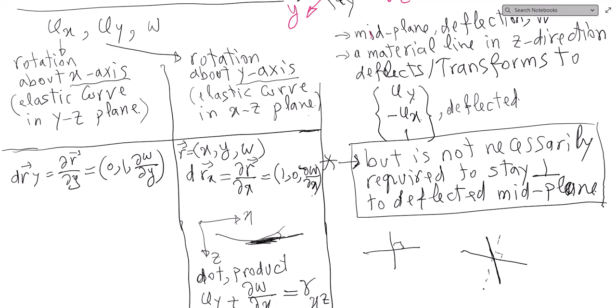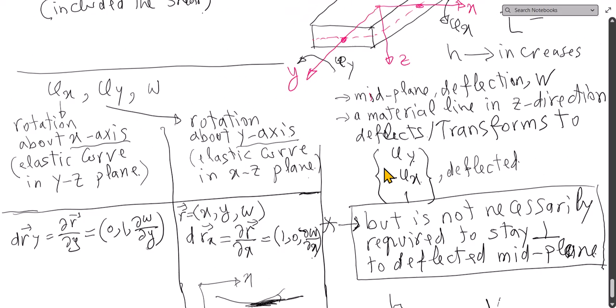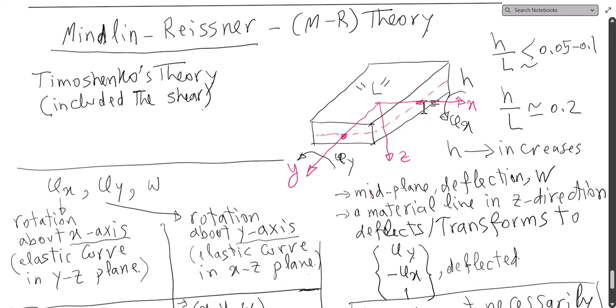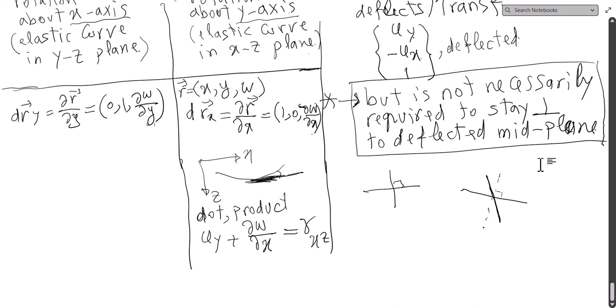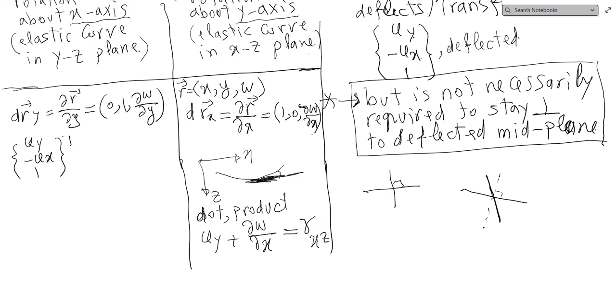And again, the dot product of this vector and my material line, phi y, minus phi x, and 1 transpose, and 0, 1, dw dy gives me both.